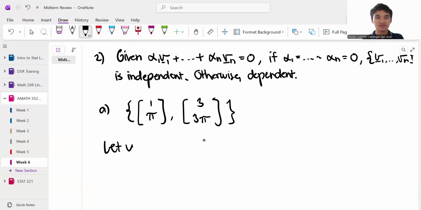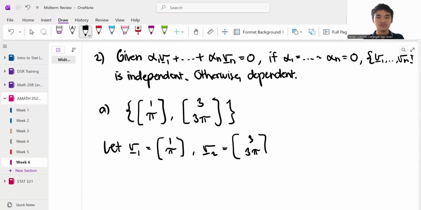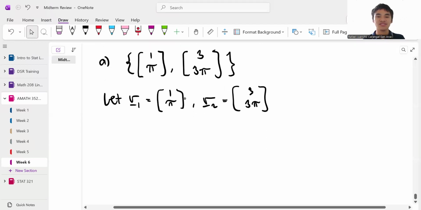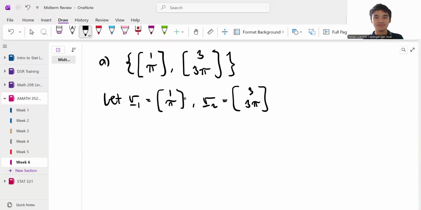If we let V1 be the first vector and V2 be the second vector, it's funny enough because this was very similar to an example I did. What can we say about it? Are they dependent or independent?